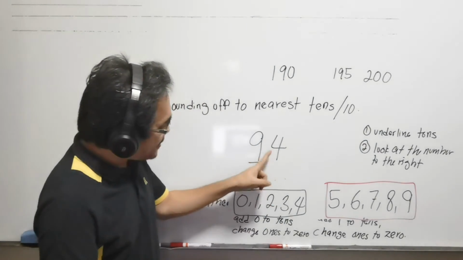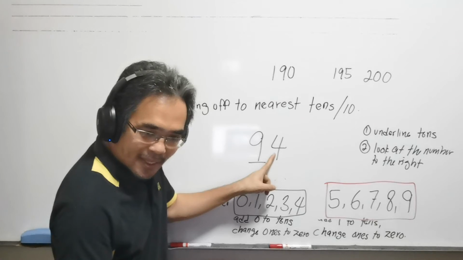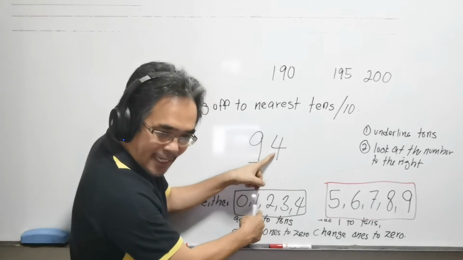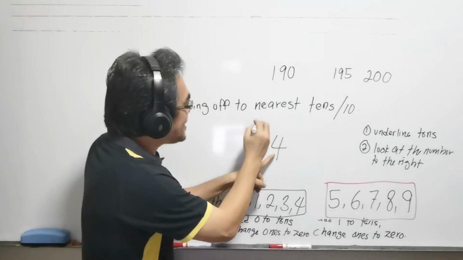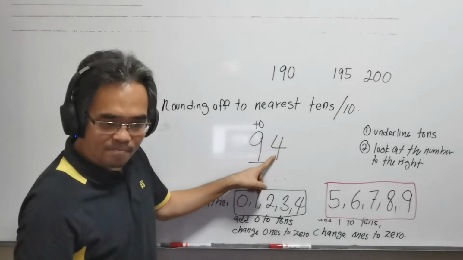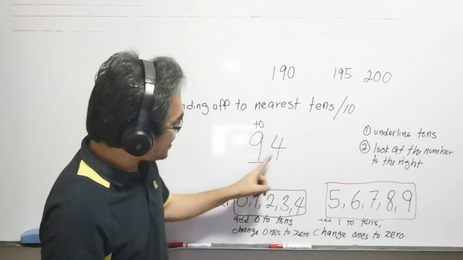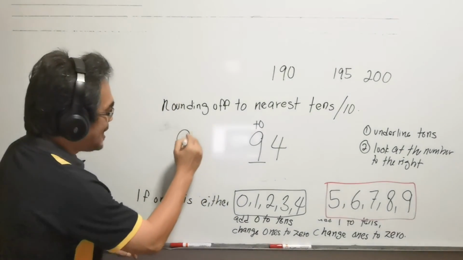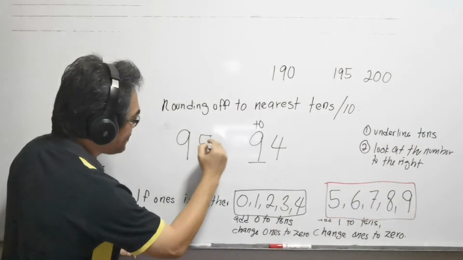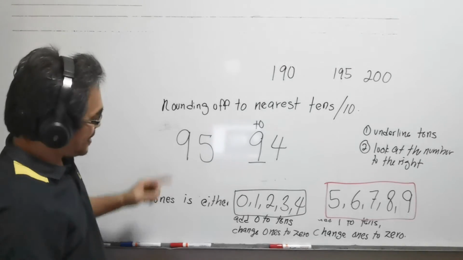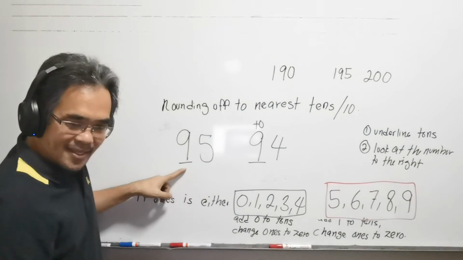If the number at the back is in the box here, you plus 0 to 9. For example, if you have 95, 10, right?